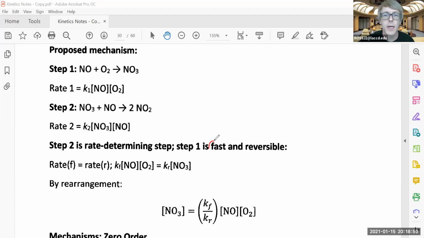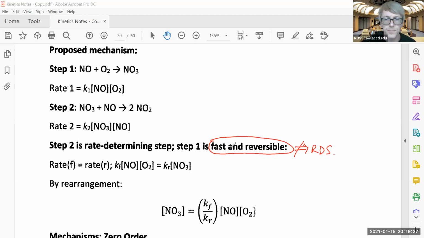So typically, if you have a fast and reversible step, typically this means not rate determining step. Okay. We haven't in these videos so far looked at equilibrium, but we're going to mention equilibrium briefly here, and we'll talk about equilibrium after the topic of kinetics in this class.